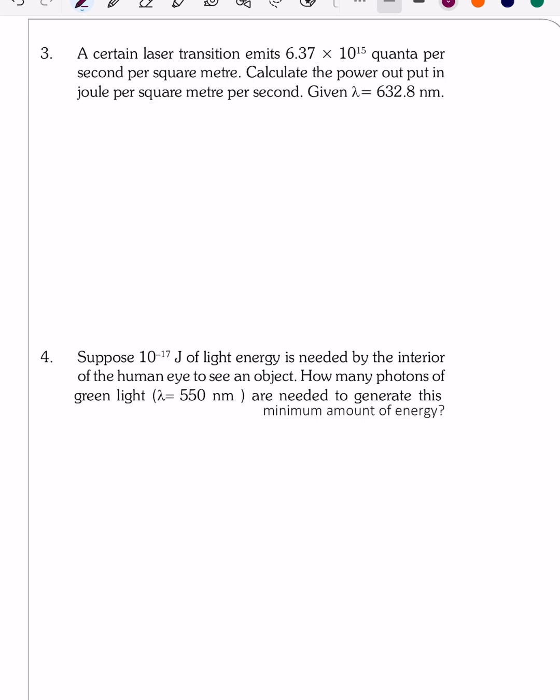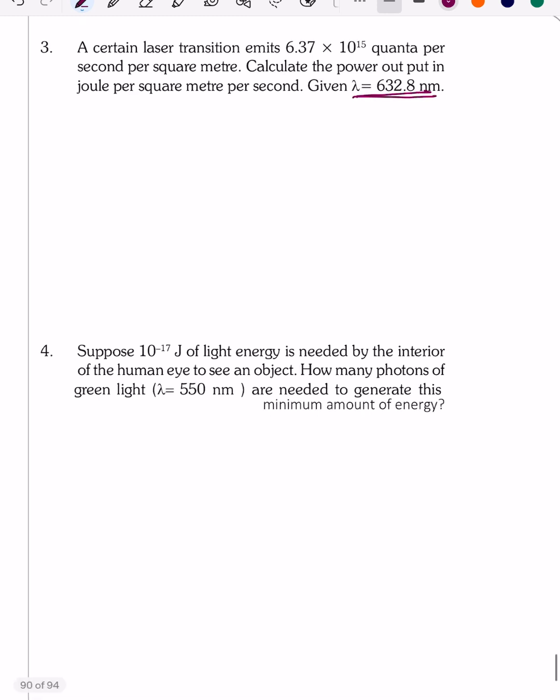And we have to find the power output in joule per square meter per second, given that lambda of these radiations is 632.8 nanometer. So understand what the question is saying. If you have a plate and some laser transitions or some photons are radiating on it, how much power output will you receive.